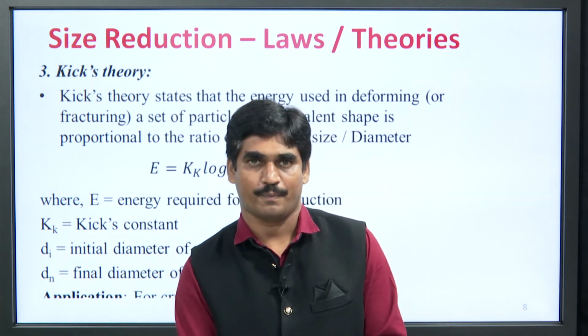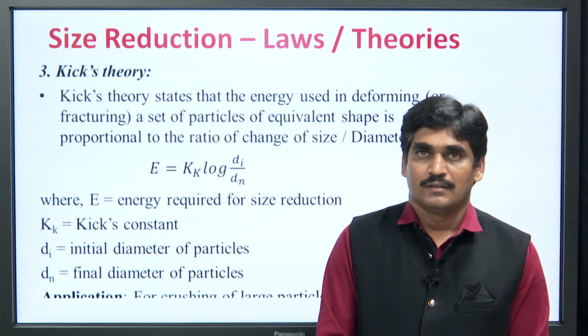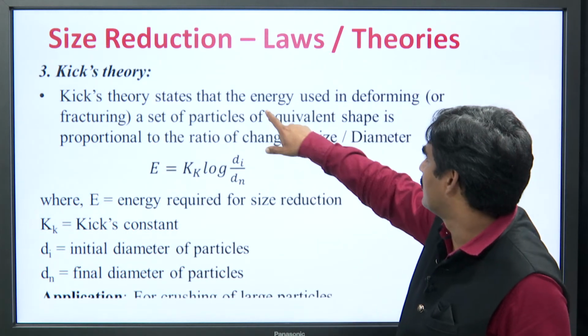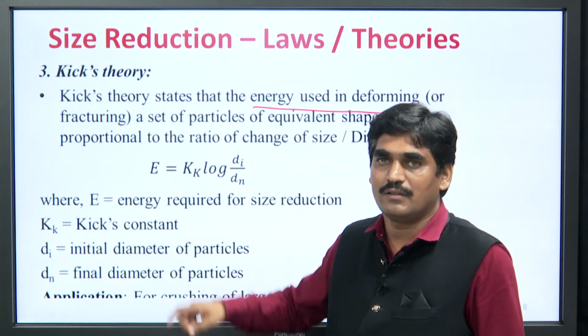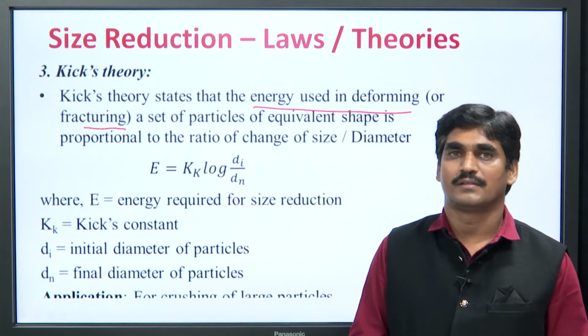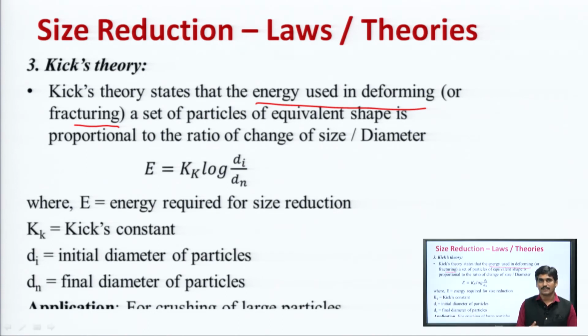The third theory is Kick's theory. Kick's theory states that energy used in deforming or fracturing a set of particles of equivalent shape is proportional to the ratio of change of size to diameter.